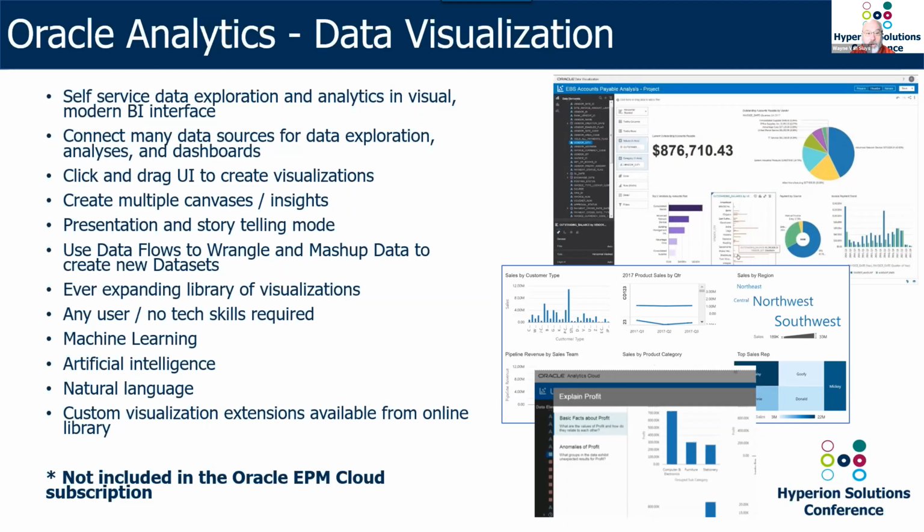We also have the machine learning and artificial intelligence components to help enrich and extend the data through forecast or clustering and a variety of other advanced analytics. Also, data viz within Oracle Analytics has an extensive library of visualizations, well over 39 different types of visualizations. We should note, though, that it is not included with the Oracle EPM subscription. It is separate.